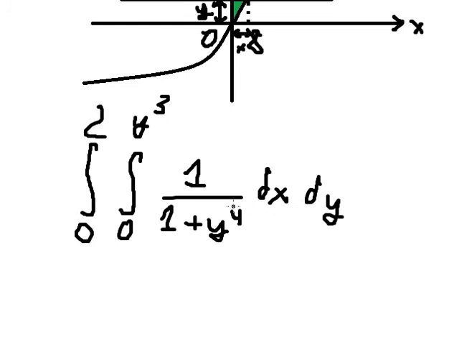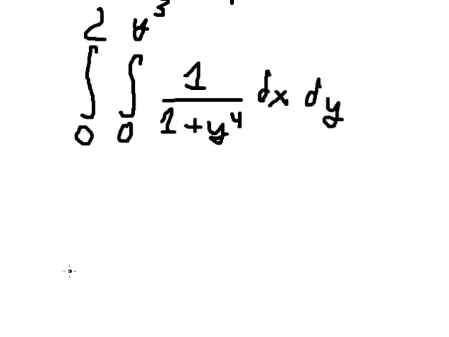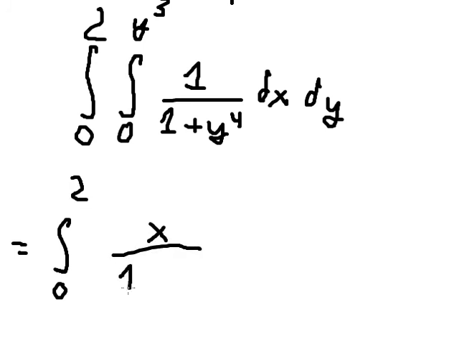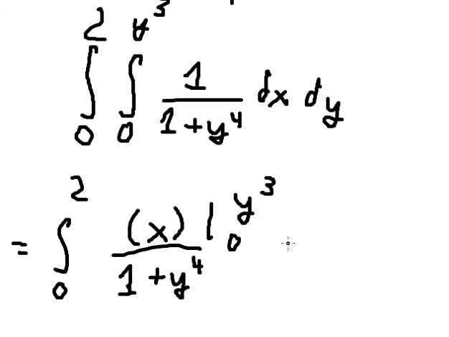And now we need to calculate about this one. The integration of the s, you got about s over 1 plus y to the power of 4. And we put the bounds from 0 to y to the power of 3 in here.